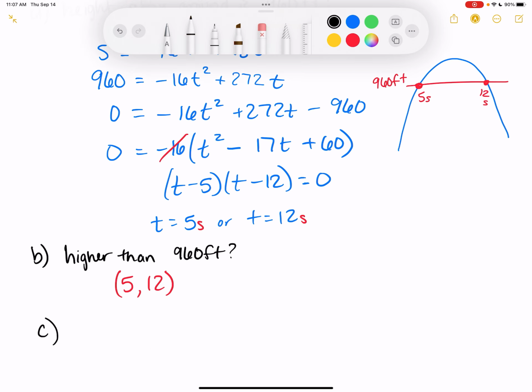Then part C says, when will the projectile's height above the ground be less than or equal to 960 feet? So when is it less than or equal to 960?